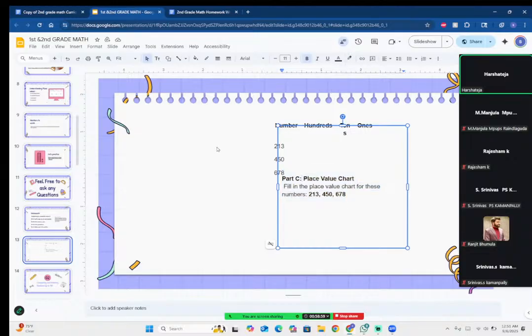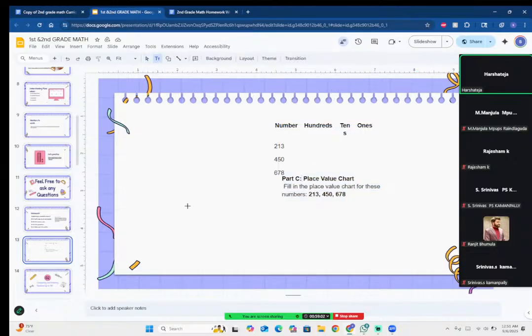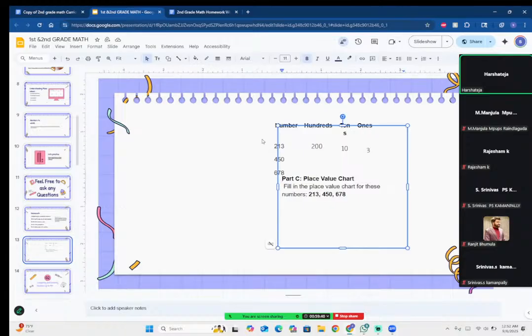So 200, since 2 is in the hundreds place. Then in the tens place, there's a 1. So do 10 here. And now in the ones place, there's a 3. So there's a 3 here. And if we add 200 plus 10 plus 3, we'll get 213.